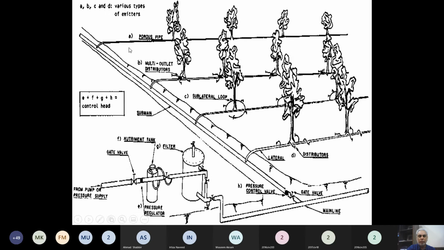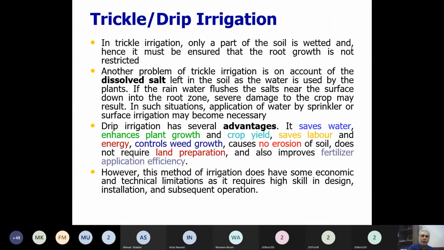Another way of application of the water is making the holes within the pipe rather than supplying water with the help of the distributor, just making the small opening or emitter within the lateral pipes. So benefits of this drip irrigation systems are mentioned. It saves water, it enhances the crop growth, it enhances the yield of the crop.